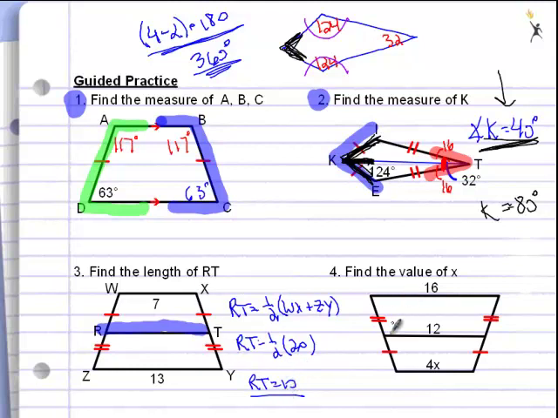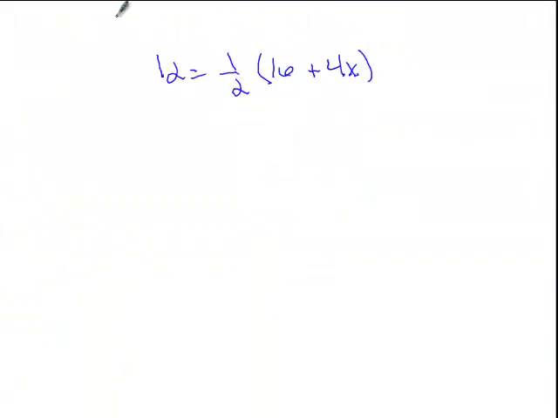I want you to look at number 4, though, because number 4 is very, very involved. I'm going to solve it right here. I still set it up to say the mid-segment, 12, equals 1/2 the top plus the bottom. This one's a little bit harder simply because it's not as straightforward.